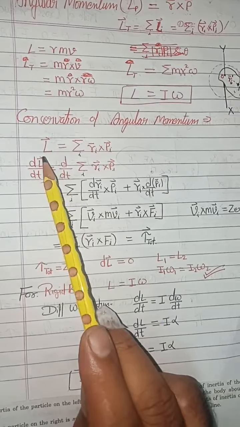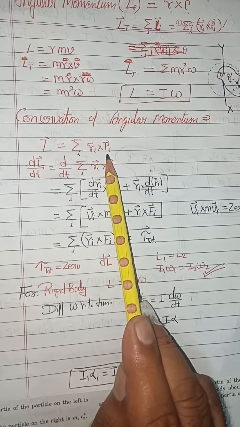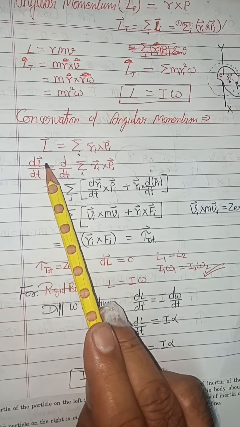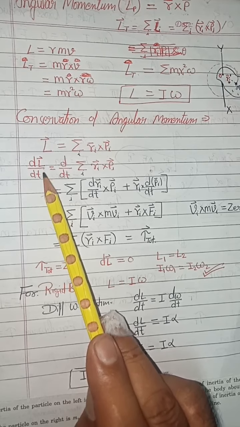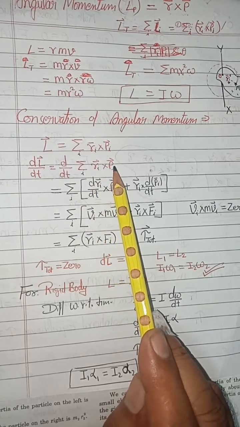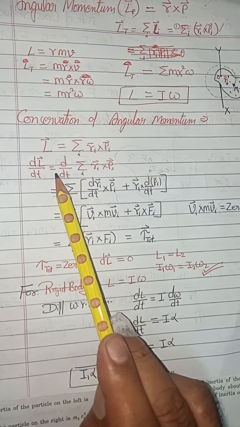You know the formula of angular momentum L is equal to sigma ri cross pi. So I am differentiating this formula with respect to time. So dL upon dt is equal to d upon dt of sigma i r cross p. Sigma i is the summation, a scalar thing that will come outside.